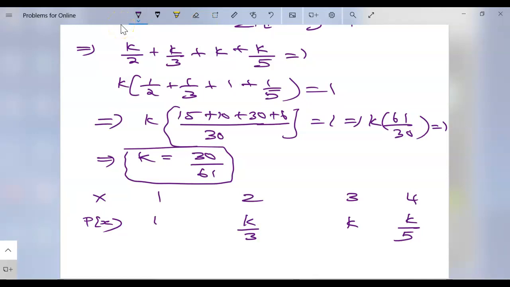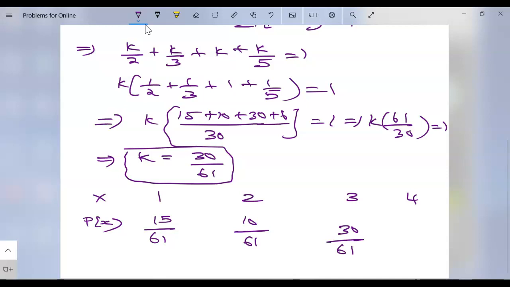Okay, so you check it. 15 by 61. Now k by 3. It is 10 by 61. I don't want to write it in decimal. Next, when I change here, it's 30 by 61.